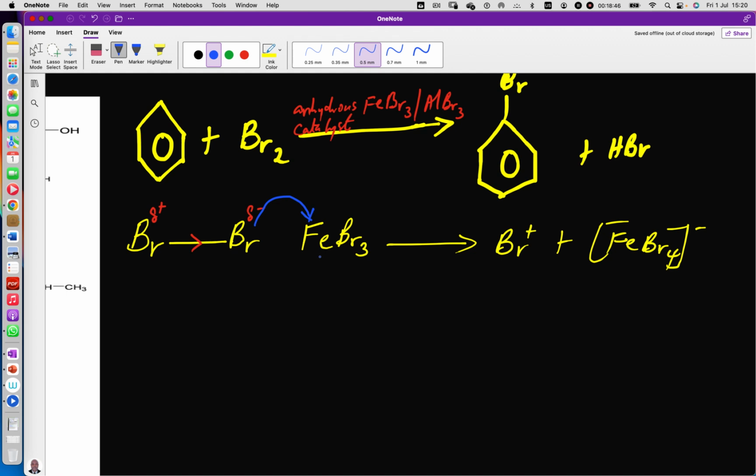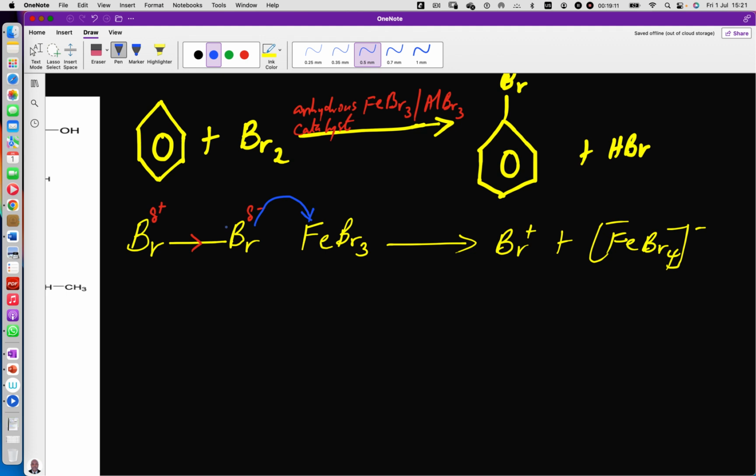For that reason it has empty d subshells, so this bromine donates a lone pair into the empty 3d orbital.